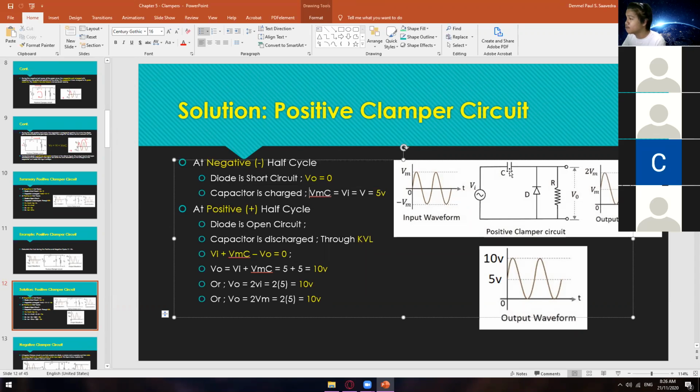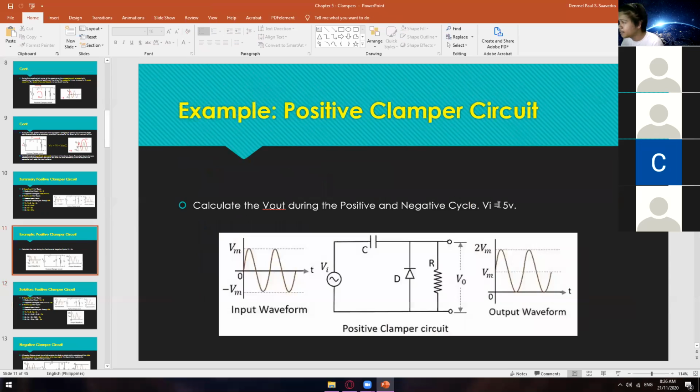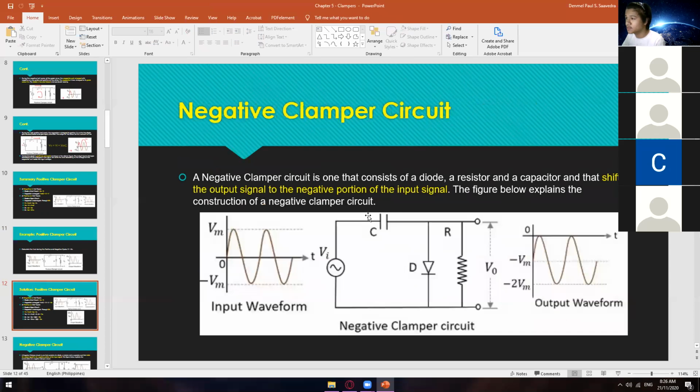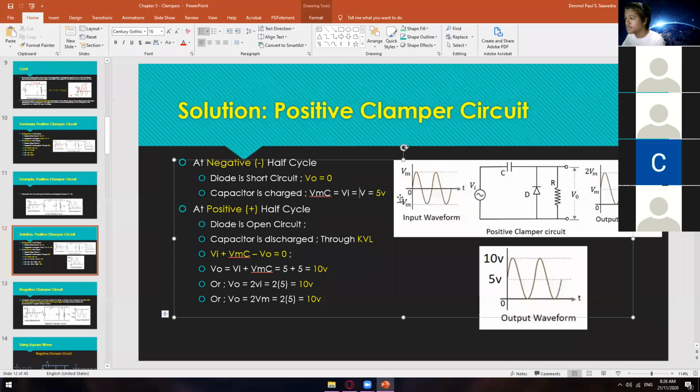VMC is the maximum voltage or peak voltage of the capacitor. From here, as we can see, VMC is equal to V sub I or V. V here is a voltage source, or VI is a voltage input. As you can see, we have here a voltage input of 5 volts. So VMC has now a value of 5 volts.